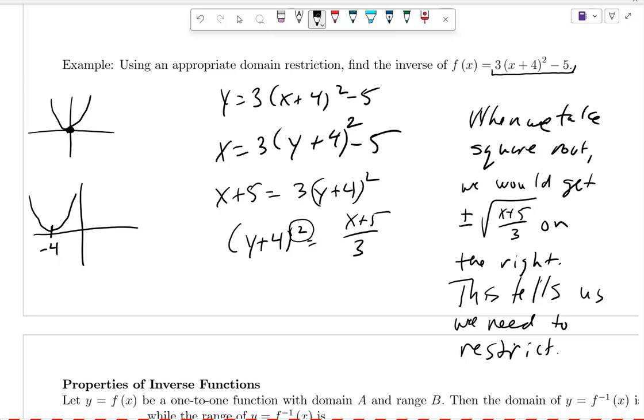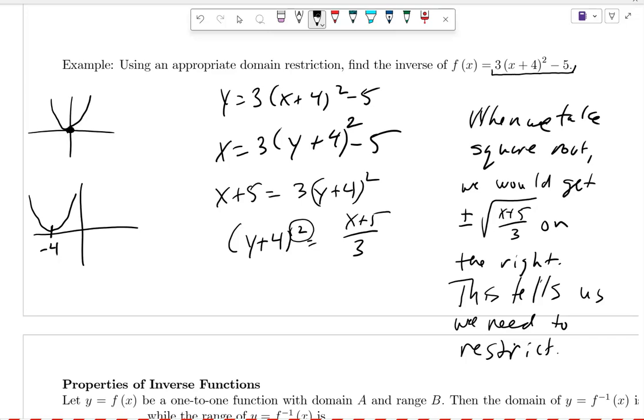If you restrict to the right of -4, do you think you would use the positive or the negative? If I wanted to restrict to the right-hand side or the positive side of -4, you'd use the positive. If I restrict to the left-hand side or the negative side, you would use the negative.